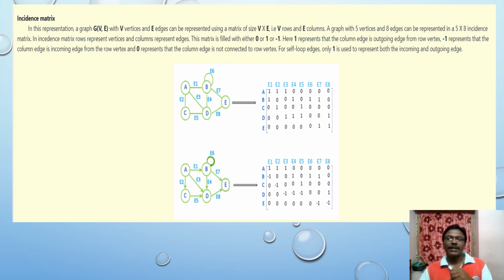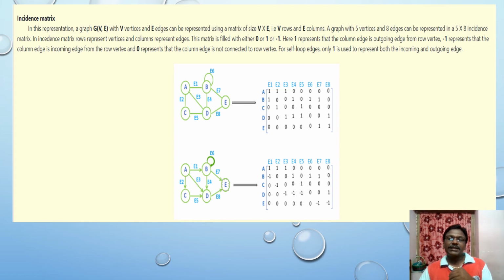Now C. C has one incoming and one outgoing edge. E2 is incoming, so E2 is -1. E5 is outgoing, so it is 1, and the remaining are all 0. Now D. D has 3 incoming edges and one outgoing edge. So E3, E4, E5 are incoming, and those 3 are -1.